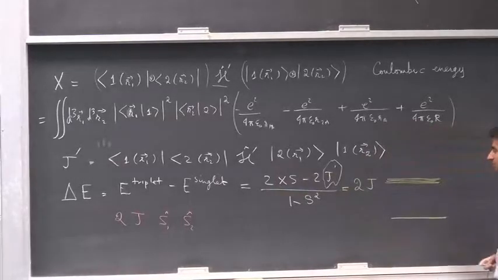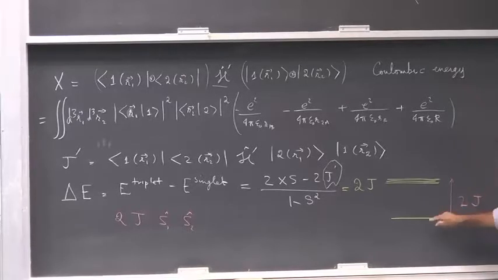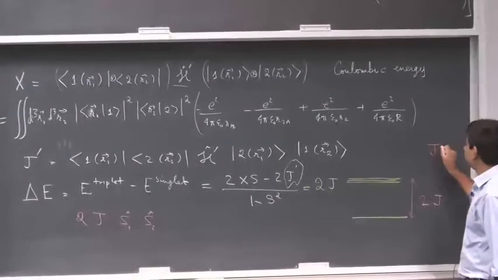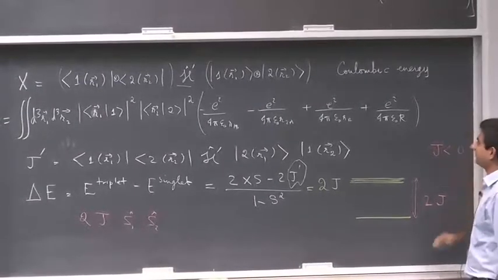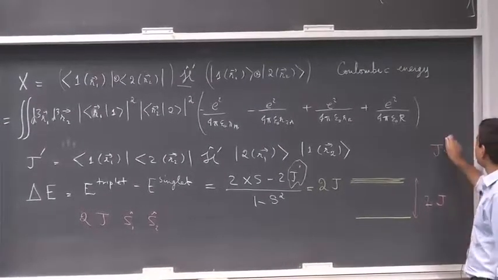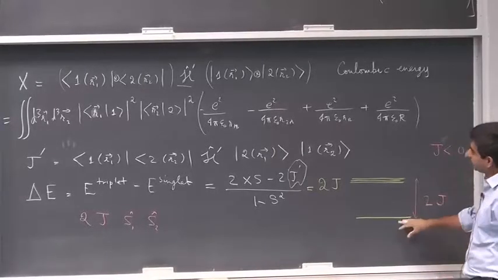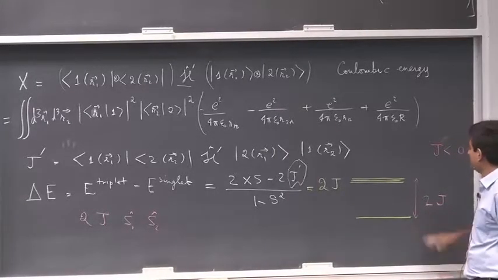This is just a convention. So this energy separation is 2J. And now the singlet is lower in energy because it turns out that J is negative. This will lead to a lower energy for the singlet state.